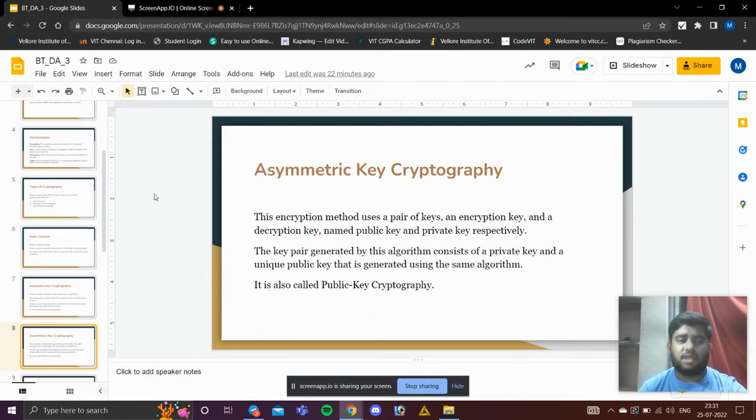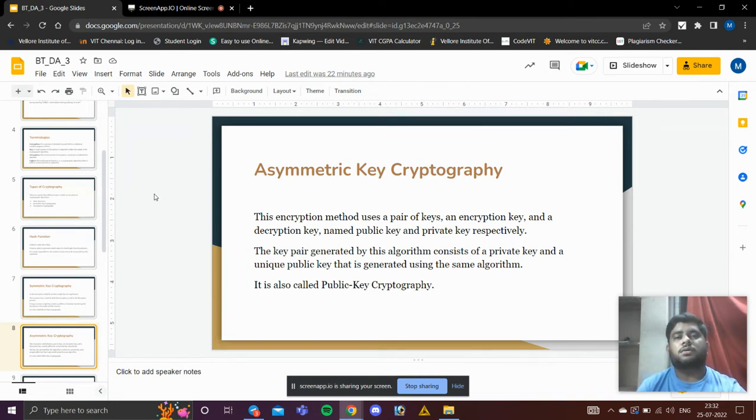Then comes the last one, asymmetric key cryptography. This encryption method uses a pair of keys, an encryption key and a decryption key, named public key and private key respectively. The key pair generated by this algorithm consists of a private key and a unique public key that is generated using the same algorithm. This is also known as public key cryptography.